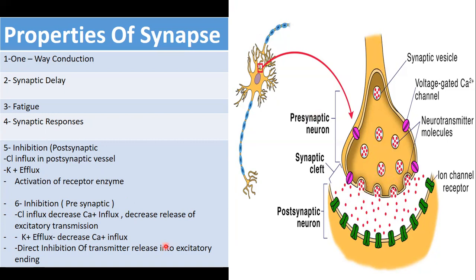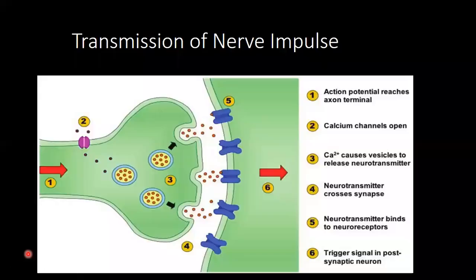Coming to another, if calcium is influxed, then potassium is in the action of efflux, and that decreases the calcium influx. So there is a direct inhibition of transmitter release from the excitatory ending. This is the only thing you need to remember about this.